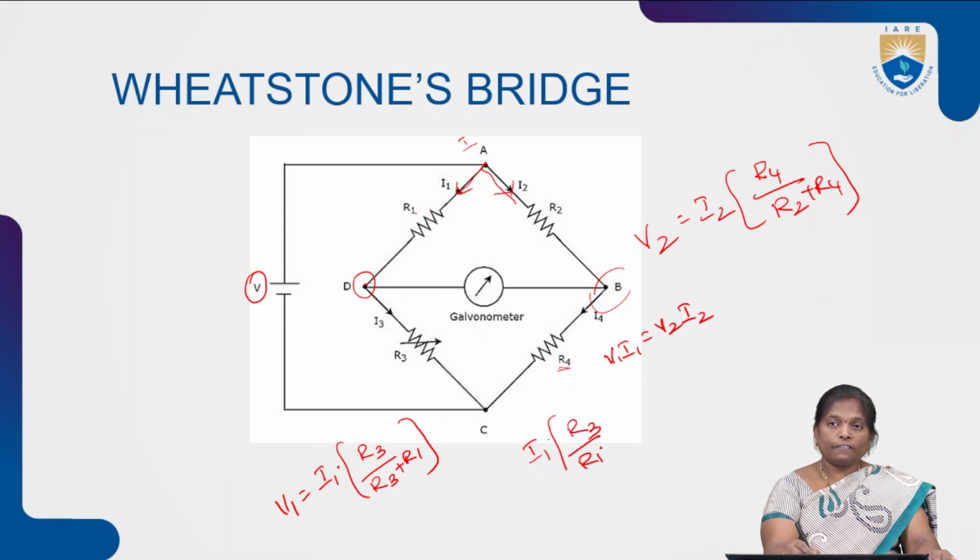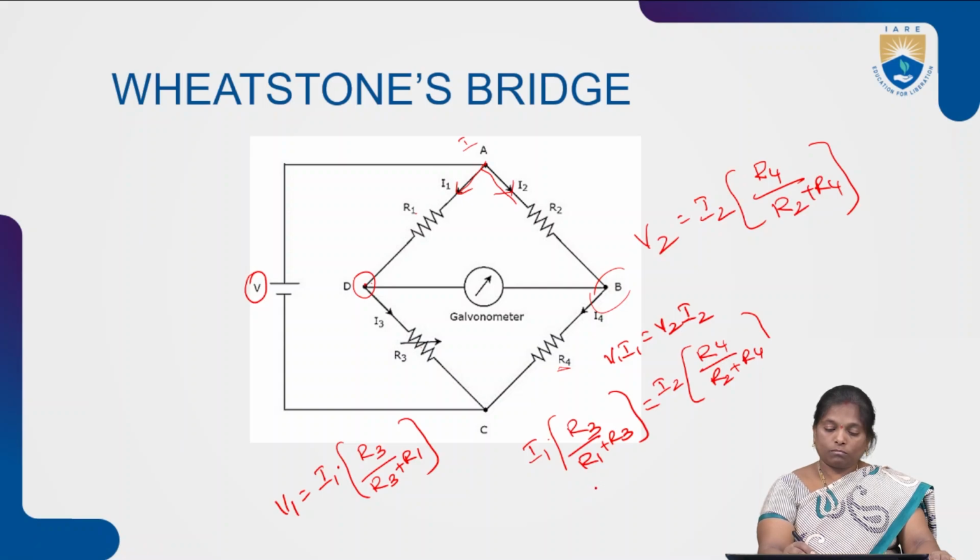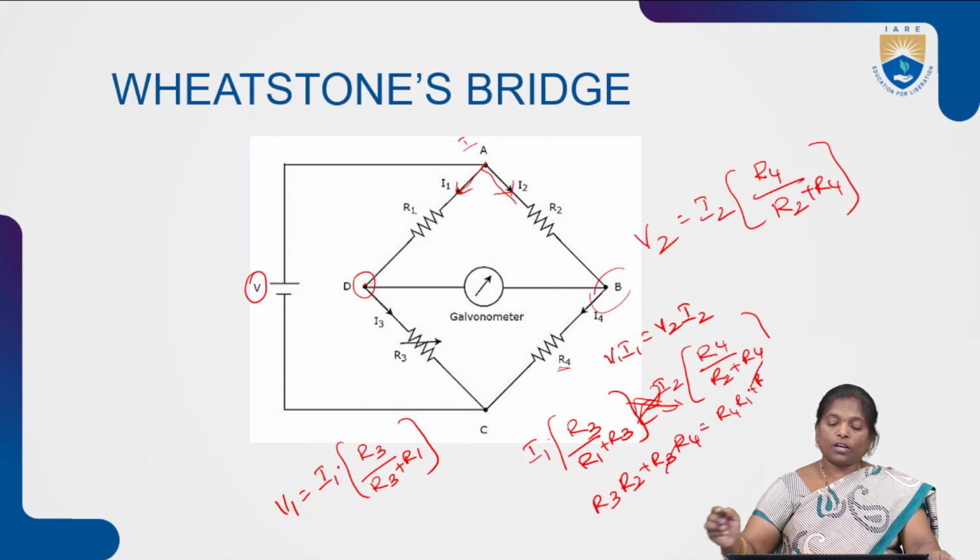R3 by R1 plus R3, which is equal to the V2 expression. Then we have R3R2 plus R3R4 equal to, by cross multiplying this equation, R4R1 plus R3R4. R3R4 on both sides will get cancelled.